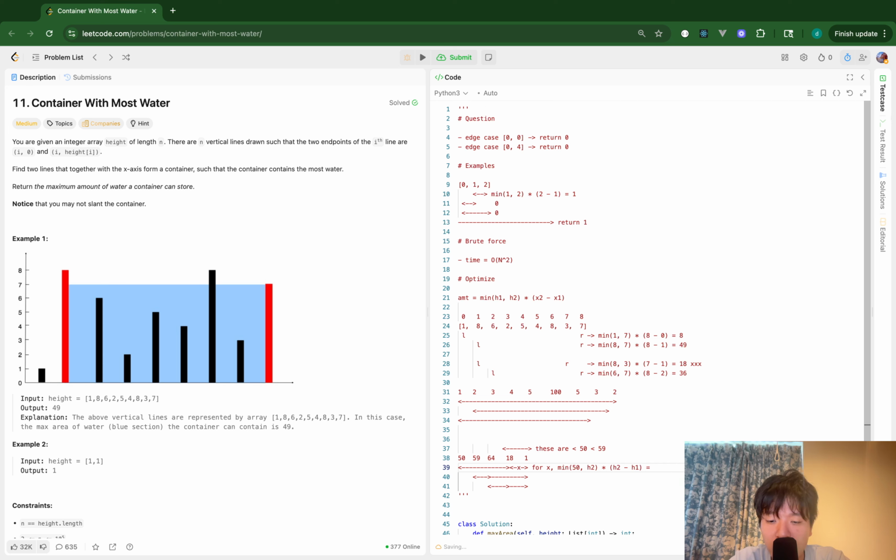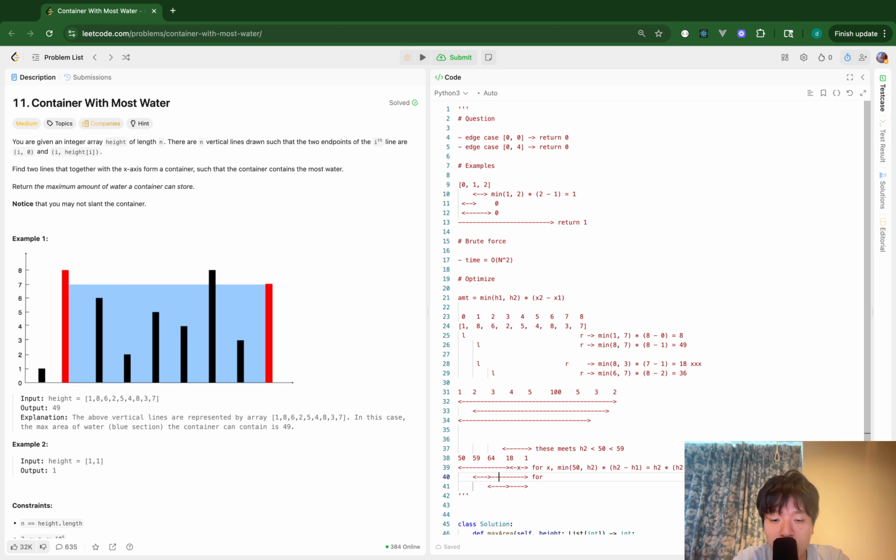And I can say this should always be smaller than 50. So it should be H2 times H2 minus H1. So yeah, I will check them.